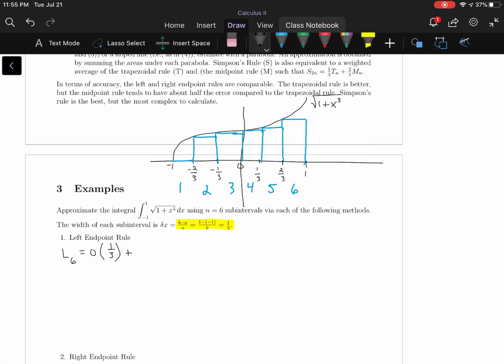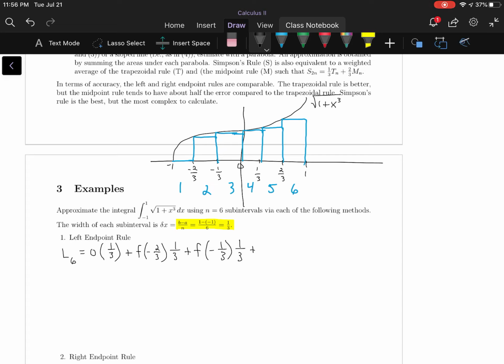We want to figure out what the curve is at -2/3, so this is f of -2/3 times a width of 1/3, plus f of -1/3 times a width of 1/3, plus f of 0, which is pretty quick to get.